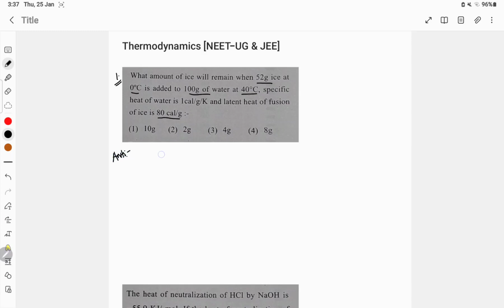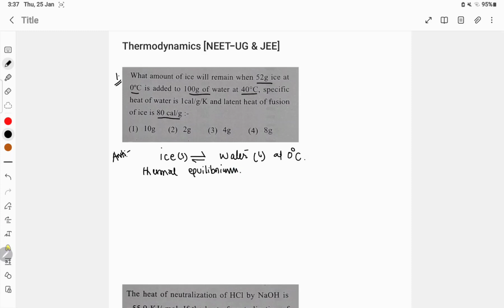This is a phase transition. Ice changes to water. This is a solid, this is liquid. At 0 degrees Celsius they are at thermal equilibrium, as we learn in physical equilibrium.